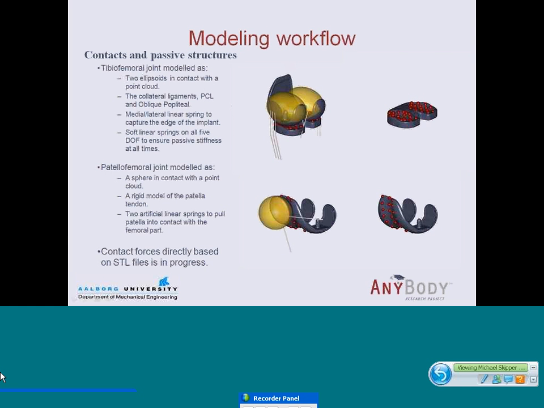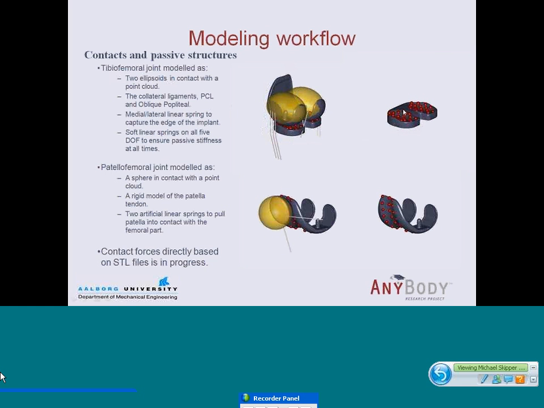We look at the tibiofemoral joint first, then I approximated the femoral part by two ellipsoids fitted here, so we have two yellow ellipsoids, and the tibial insert I approximated by a point cloud. So two point clouds here representing the geometry of the tibial insert.